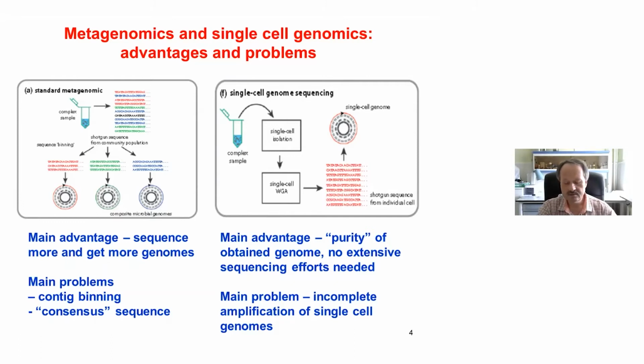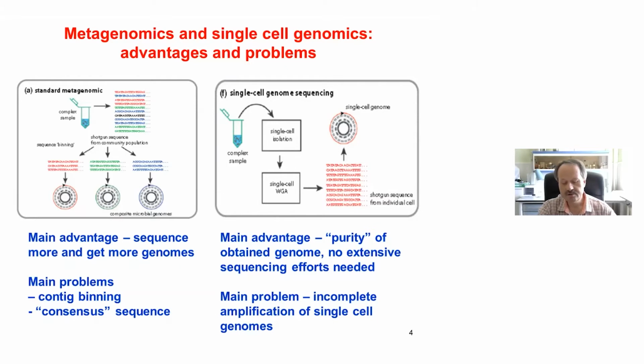The result is a so-called metagenome-assembled genome, representing a consensus sequence of closely related natural, I would say, strains. In the single-cell approach, you first isolate individual cells using a cell sorter. Then you need to isolate DNA from a single cell and amplify it to make enough for sequencing. Then this DNA is sequenced like a usual microbial genome.